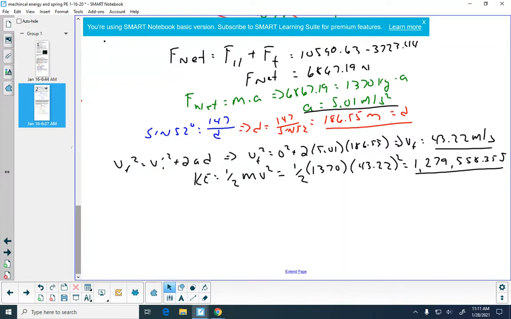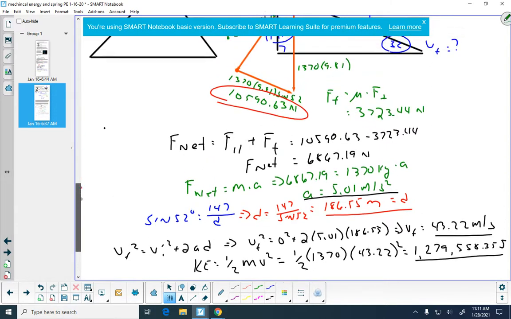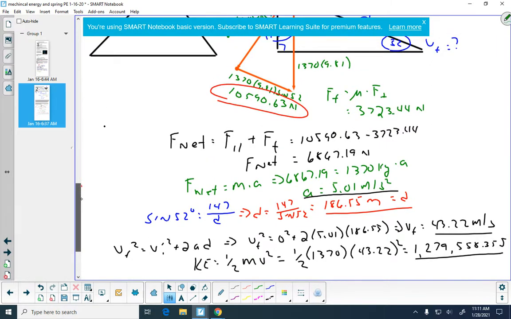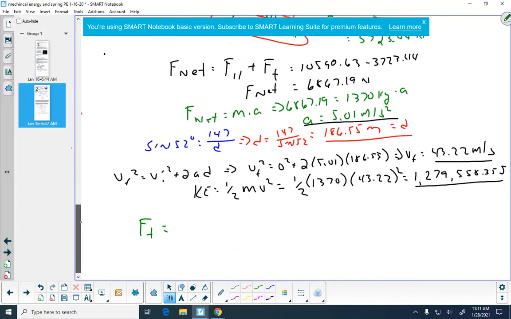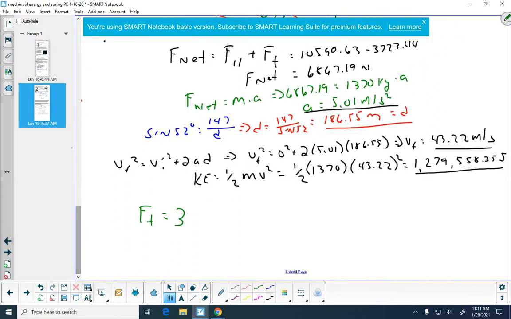Let's think, we have a force of friction, which we calculated to be 3723.44 newtons. How much work was done by friction?